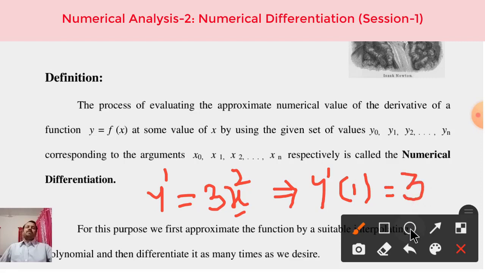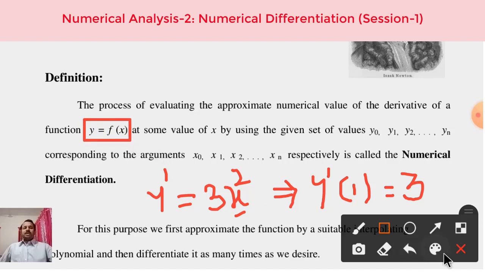So this is a very simple technique, that is the analytical technique, and it is very easy to estimate the derivative of y at any desired value if we are given the explicit definition of the function y equal to f of x.